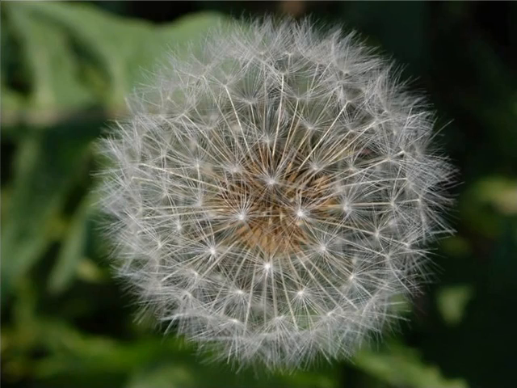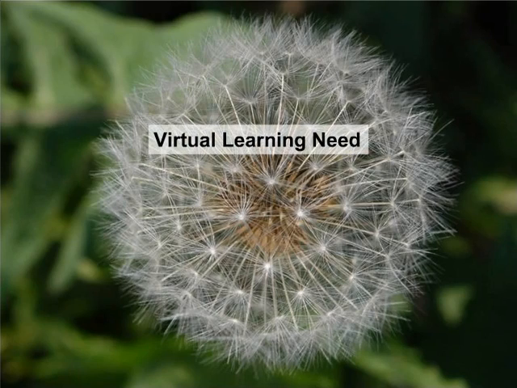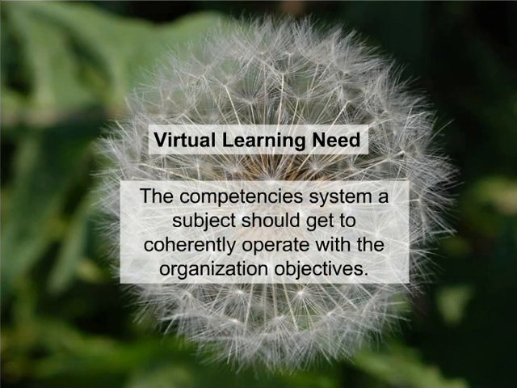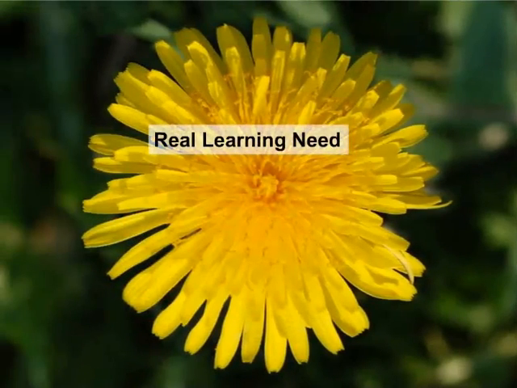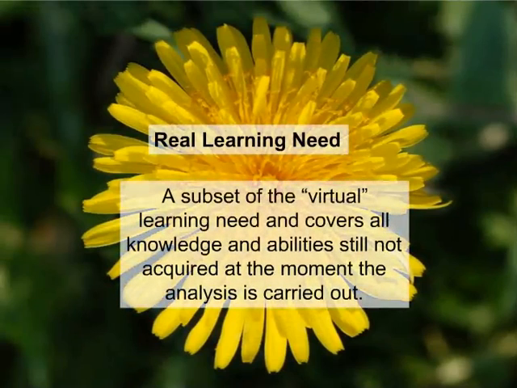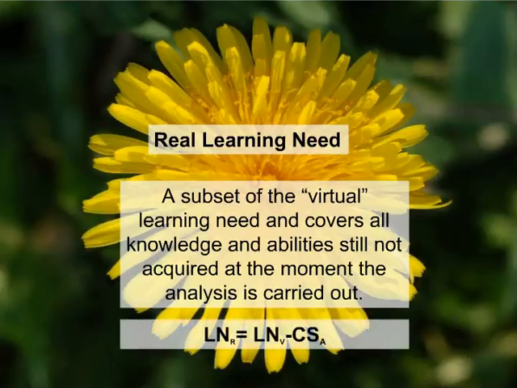The virtual learning need coincides with the whole competencies system a subject should get to coherently operate with the organization objectives. The real learning need represents a subset of the virtual learning need and covers all knowledge and abilities still not acquired at the moment the analysis is carried out. It is the difference between virtual learning need and the actual competencies system of the organization members.